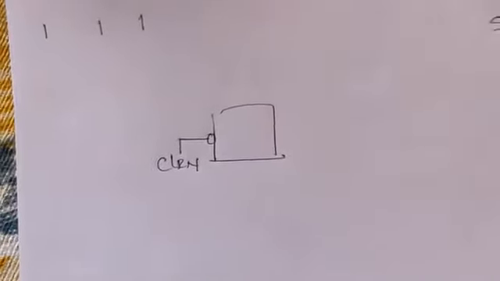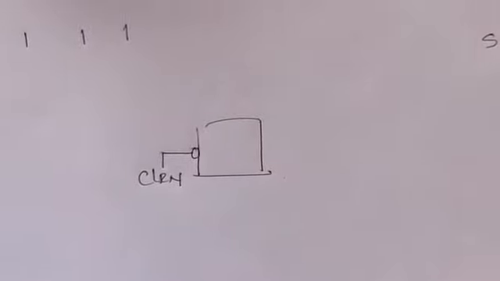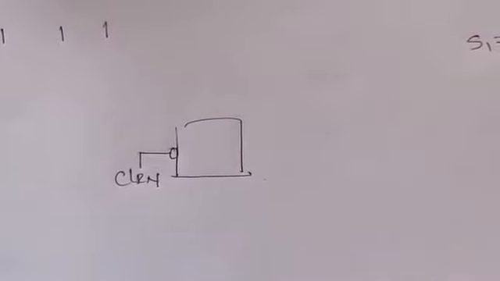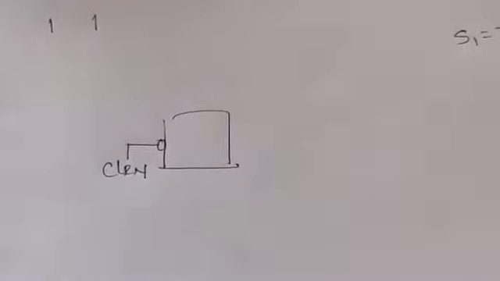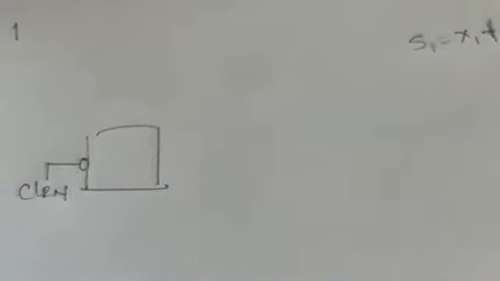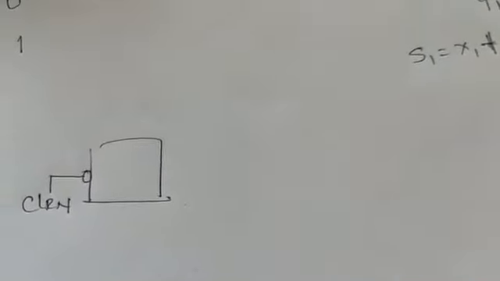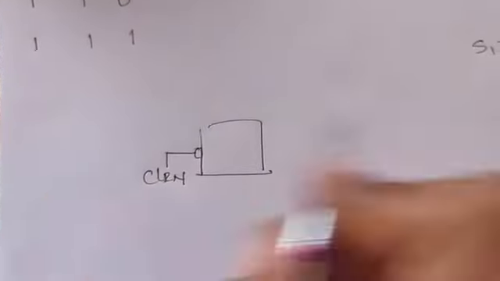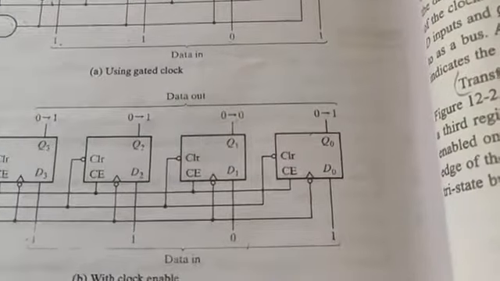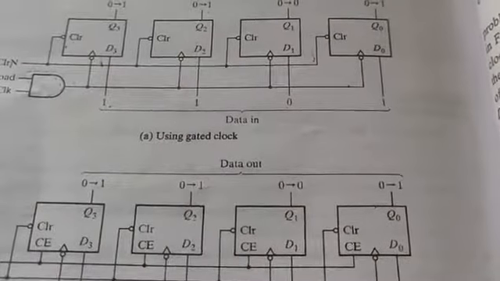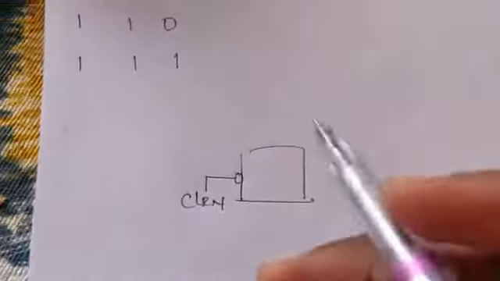Clear and reset are one and the same. Reset means it is going to reset the flip-flop to 0. Clear means it removes whatever data is present in the flip-flop and sets it to 0. So clear means all the flip-flops are assigned zeros.